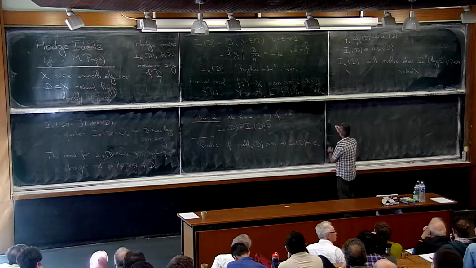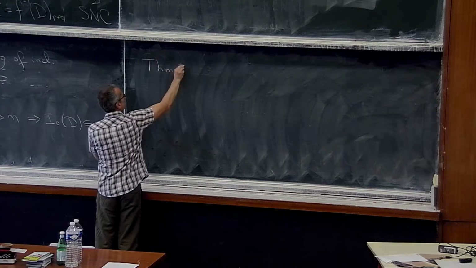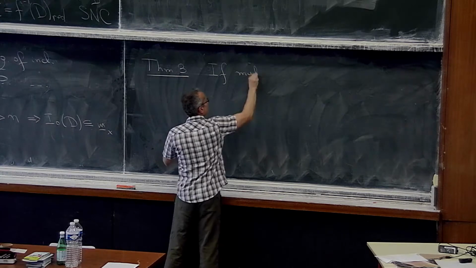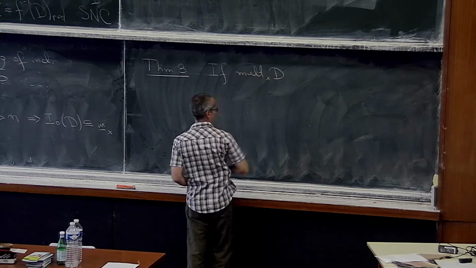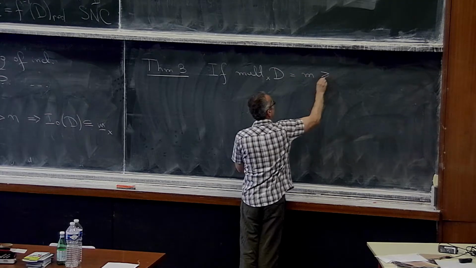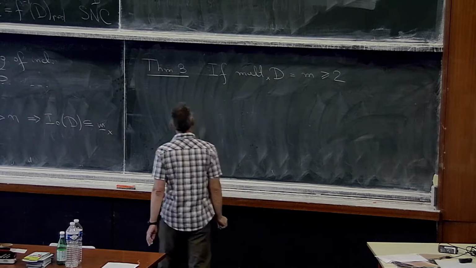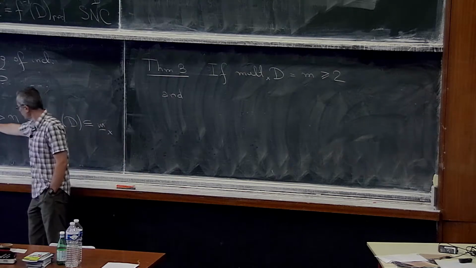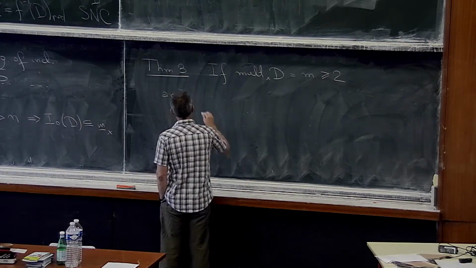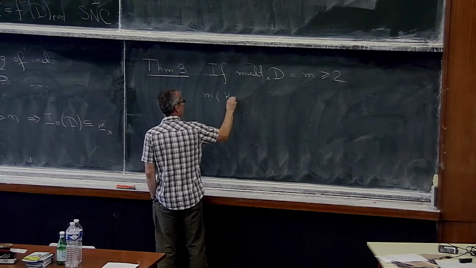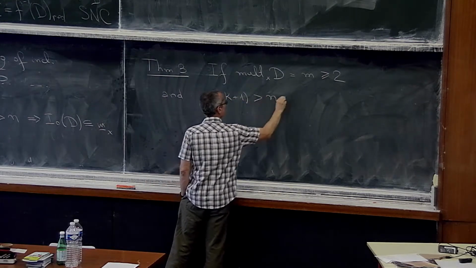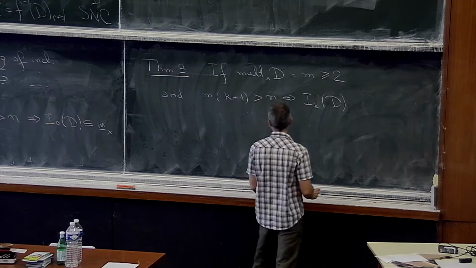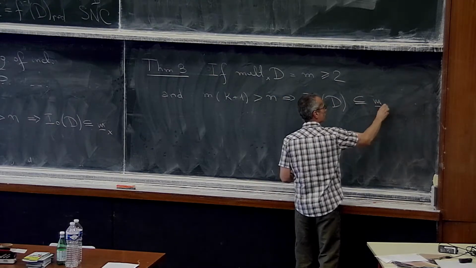All right, so Theorem 3 says that if I have the multiplicity at x of D to be m, so I assume that it's not a smooth point, and I have a condition of a similar nature, namely that m times (k plus 1) is larger than n, then in fact this ideal vanishes at the point.